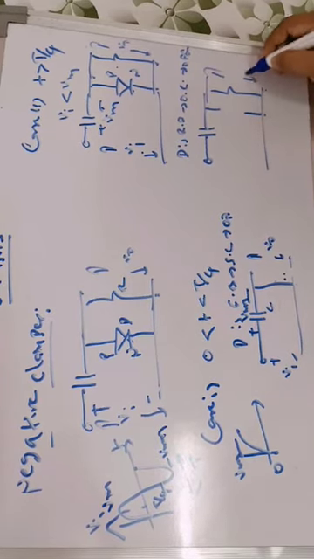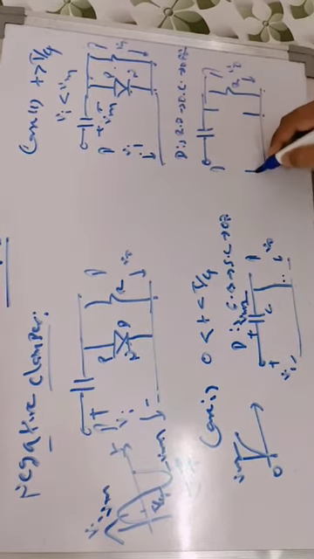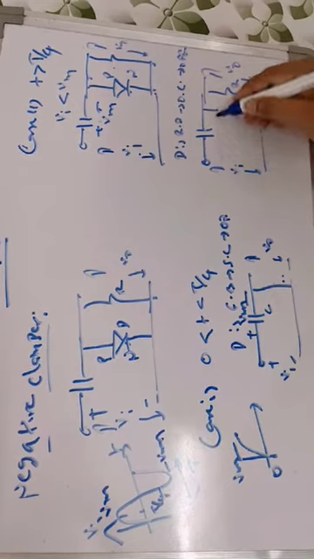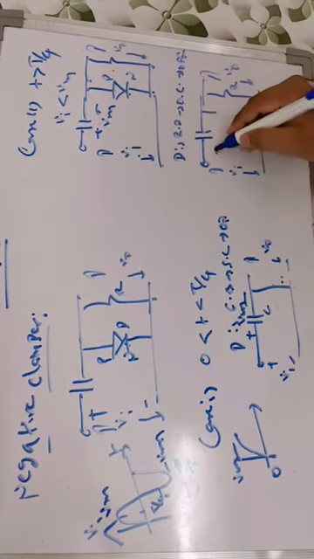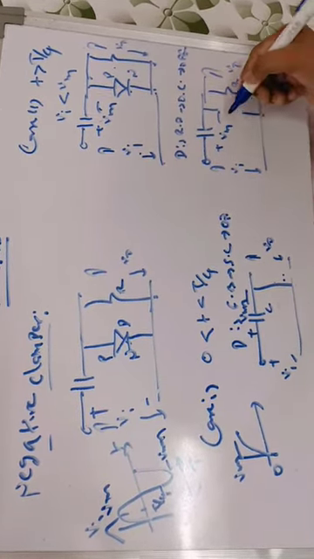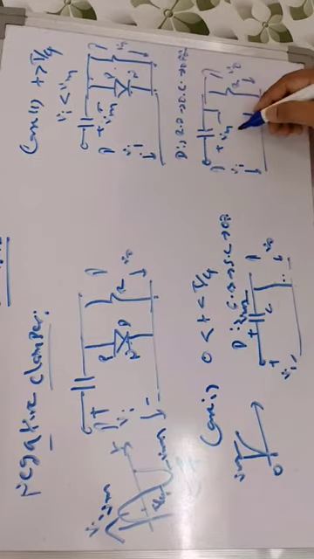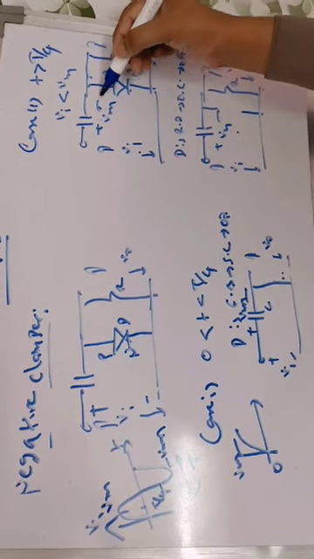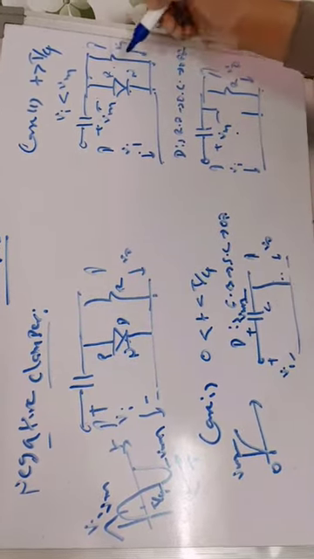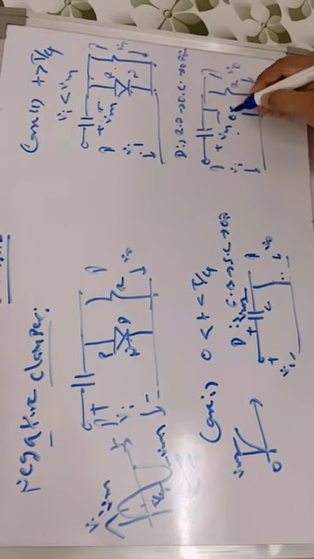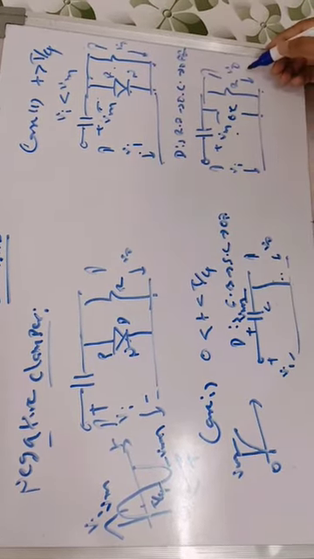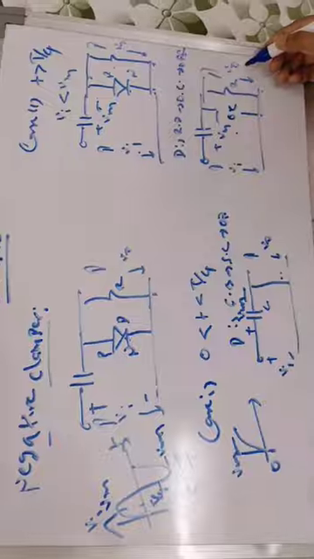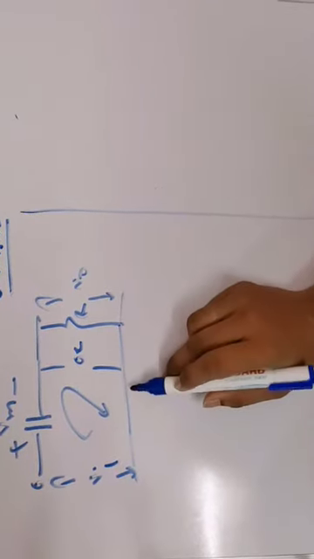Now the output is taken across the resistor, and we will analyze the output voltage response for this case, because the capacitor is already charged to the peak voltage. Because a more negative voltage is applied to the P type, the diode is reverse biased and open circuited. Now we will see the output response by applying KVL to this loop.